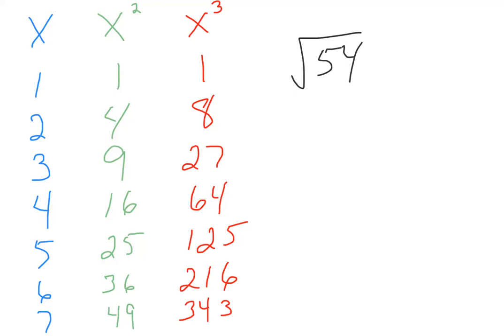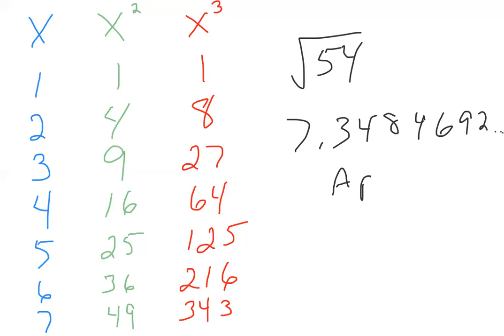I just keyed it in mine, and I see 7.3484692, blah, blah, blah. That is called an approximate answer, because we're going to have to round that. Your calculator is even rounding it. It only goes out so many decimals. It's not an exact answer.